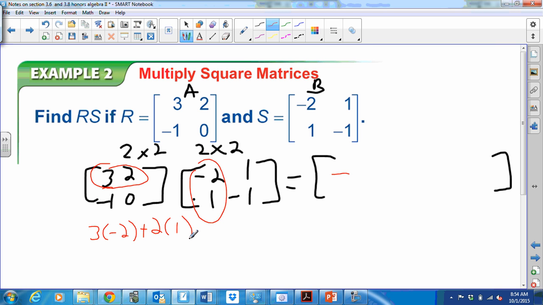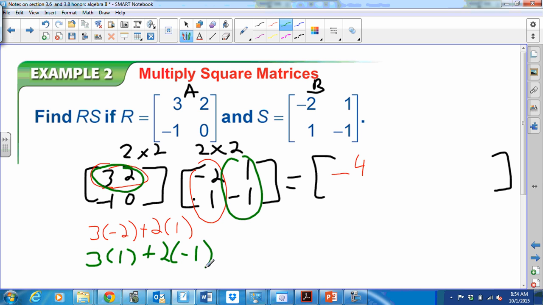And so 3 times -2 is -6, plus 2 is going to give you -4 for that first slot. Now for the second slot in the matrix, you're going to do the first row by the second column. So in this case, you're going to do 3 times 1 plus 2 times -1. And that gives you 3 minus 2, which is 1.